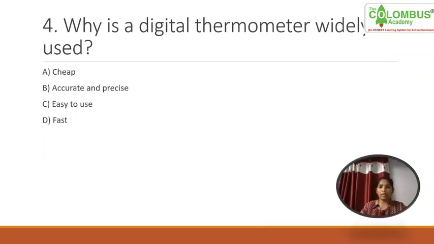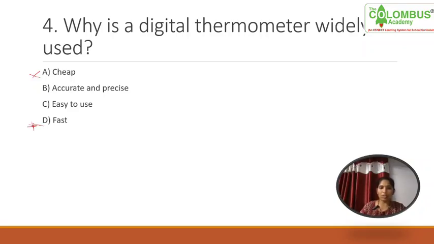Why is a digital thermometer widely used? Because it is cheap, because it is accurate and precise, easy to use, or fast? Though it is cheap, no, it is not cheap. Fast, yes, it is fast, but if the thermometer shows wrong readings, what is the necessity of being fast?